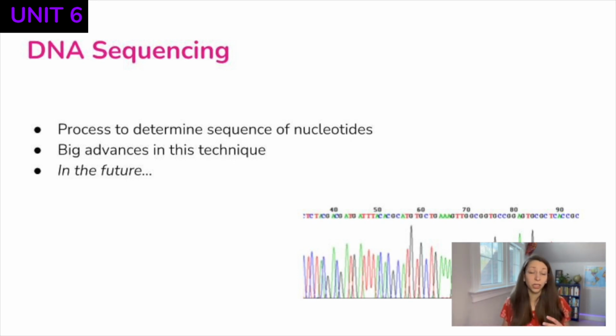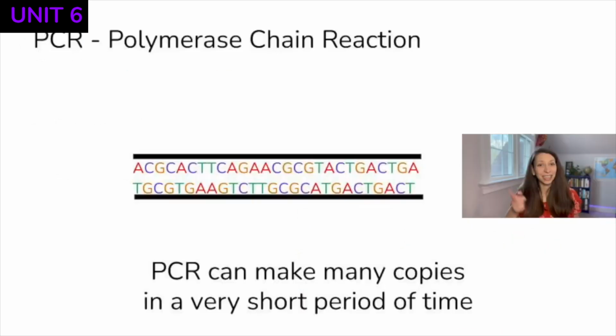Now we can do this at a much lower cost, and we're able to sequence short pieces of DNA really, really quickly for study in modern labs. Sequencing an entire organism's genome is still a little bit tricky, but in the future we may have the ability to sequence every individual's complete genome in order to personalize and tailor medicine towards them. But that is a topic for the future. Let's get back to PCR.